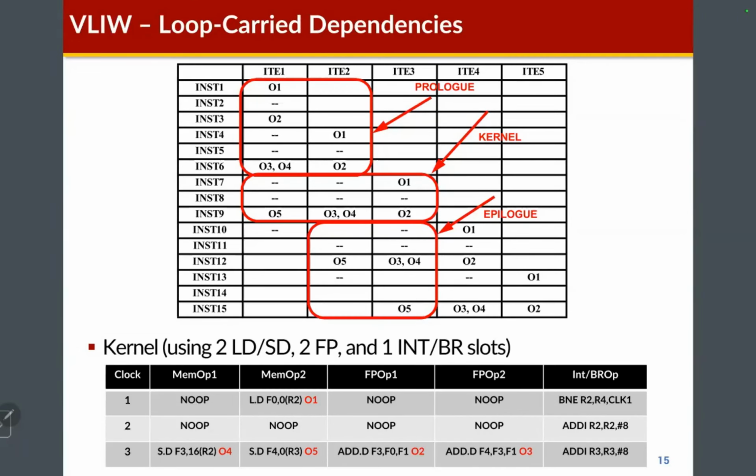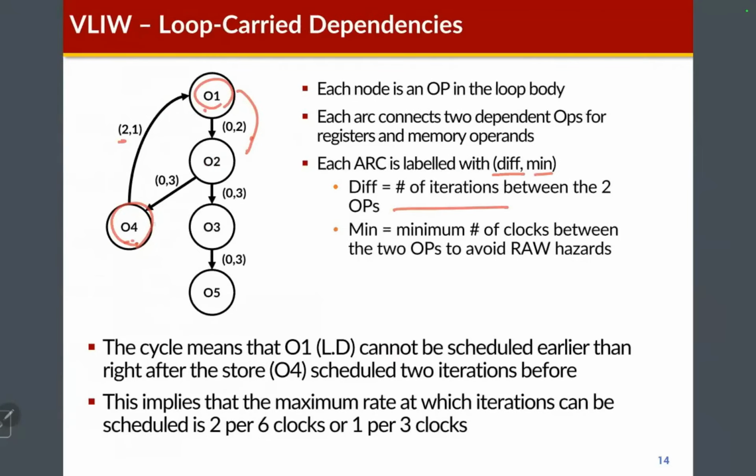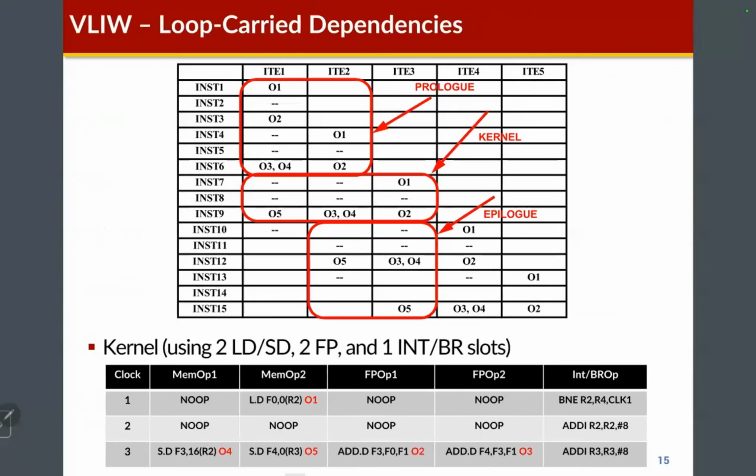Because of the loop carried dependency between O1 and O4, for iteration number 3, O1 should be located after O4 here. If O1 is located before O4, then O1 will have a wrong value.